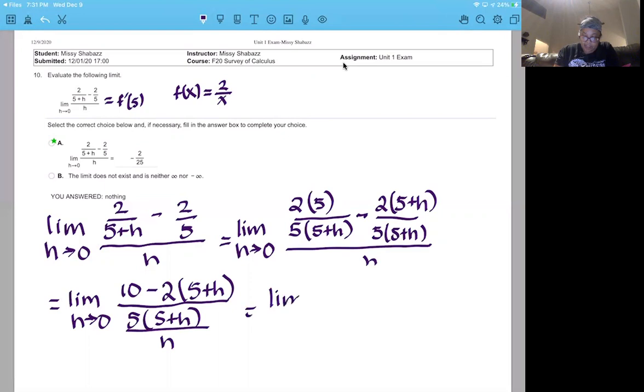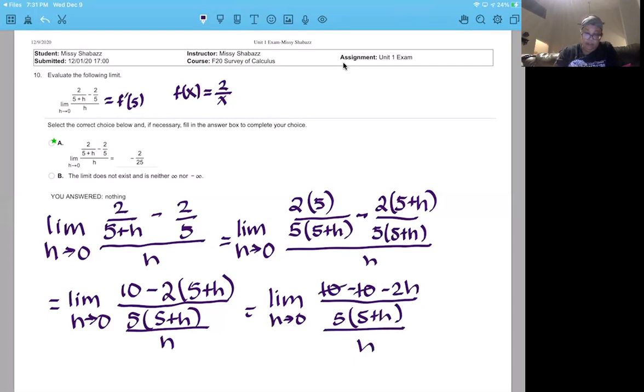Let's go ahead and distribute that -2 so that I have a 10 minus 10 minus 2h over 5 times 5 plus h over h. My 10's cancel. And I'm going to erase some things because I'm out of room.